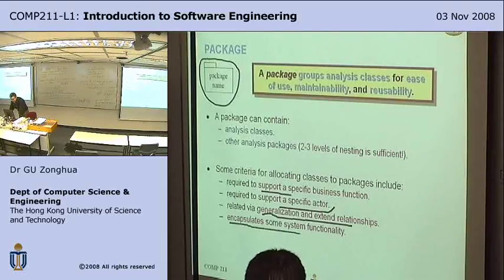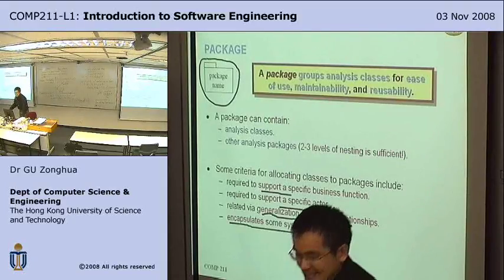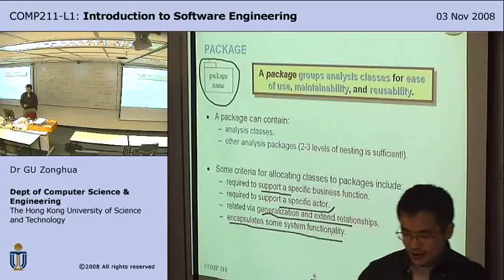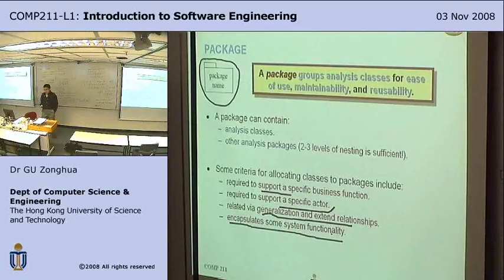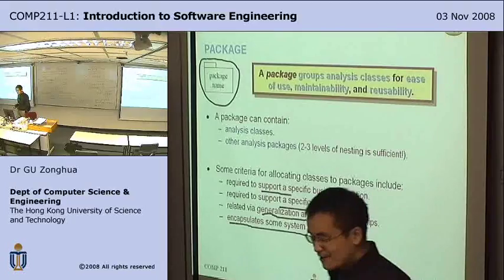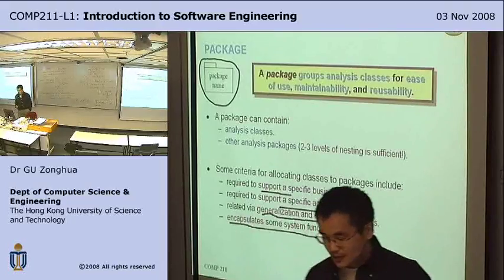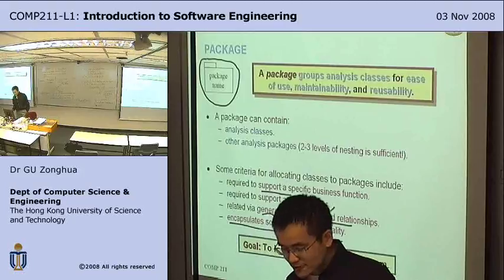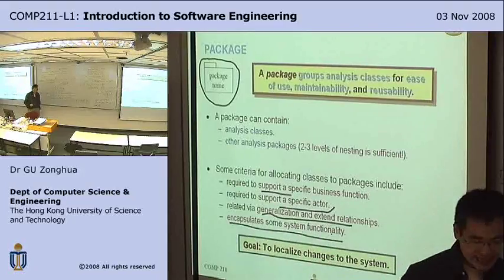Third, encapsulate some system functionality. So the key is, if you have encapsulation, then you can have better maintainability and reusability. The goal is to localize changes to the system.